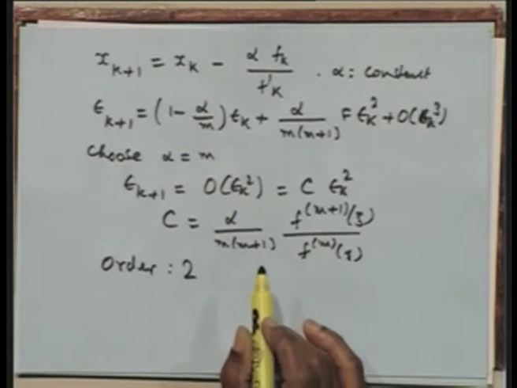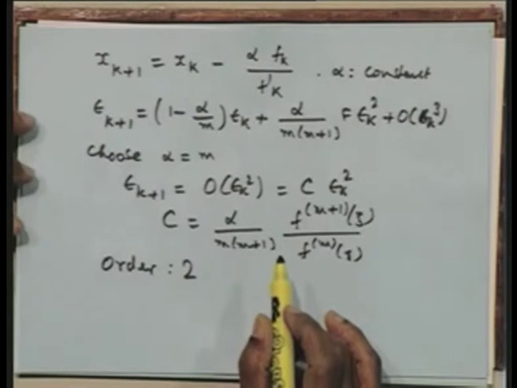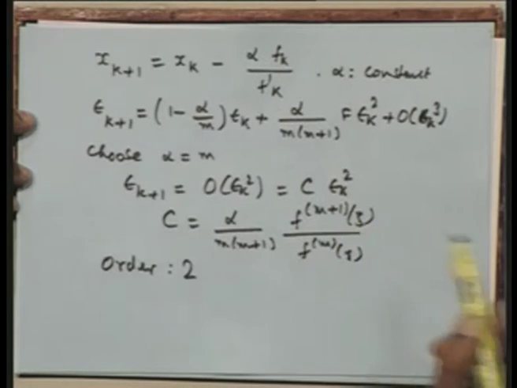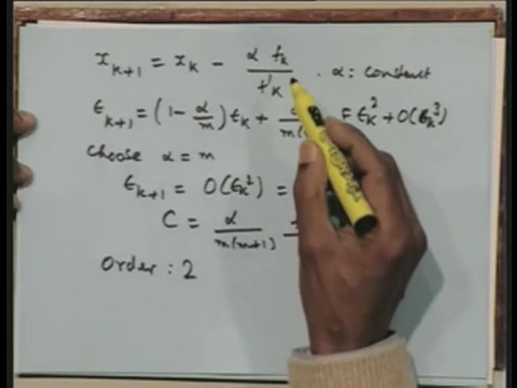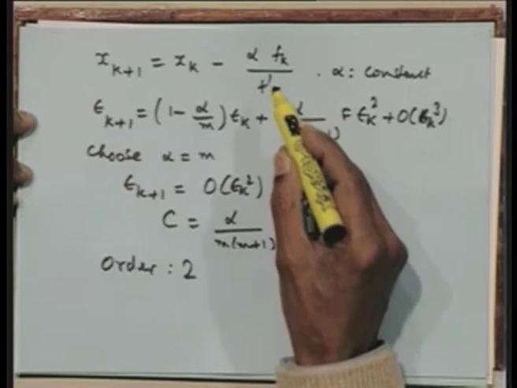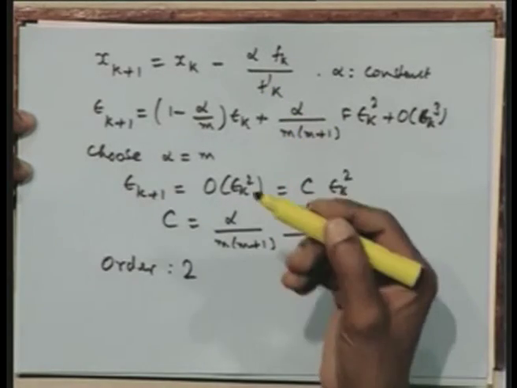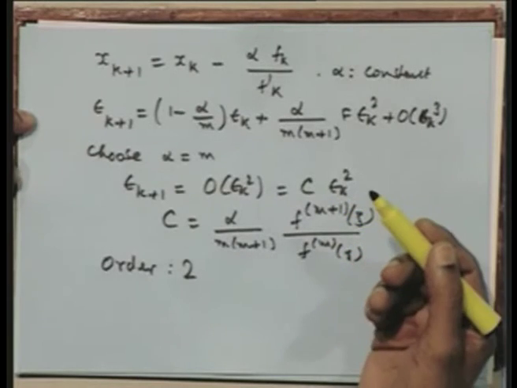If we are able to know it, we are avoiding evaluation of one more function. As we have seen earlier, we wanted evaluation of f at xk, f prime at xk and f double prime at xk for the Newton-Raphson method to have the required second order convergence.